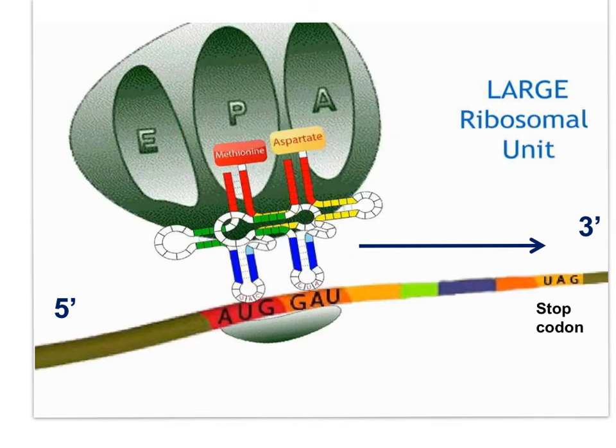Notice the complementary relationship of the triplet codons of the mRNA and the triplet anticodons of the tRNA molecules. The codon-anticodon relationship ensures the proper sequence of amino acids in the growing polypeptide. The ribosome moves along the mRNA in a 5-to-3 direction until it reaches a stop codon. This brings translation to an end.